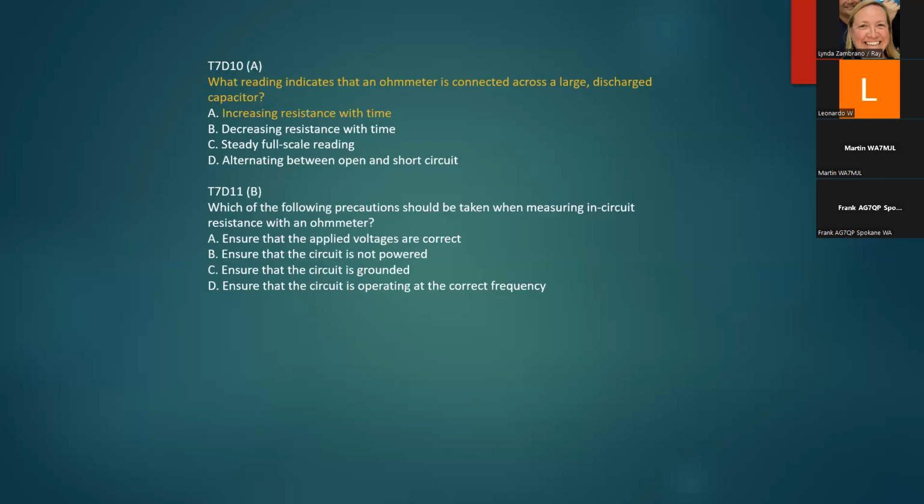An ohm meter consists of a little battery that is connected across the capacitor, and if the capacitor is discharged, the small current produced by that battery actually starts to charge the capacitor, and on the meter that is indicated by the resistance value that increases with time as the capacitor charges up.